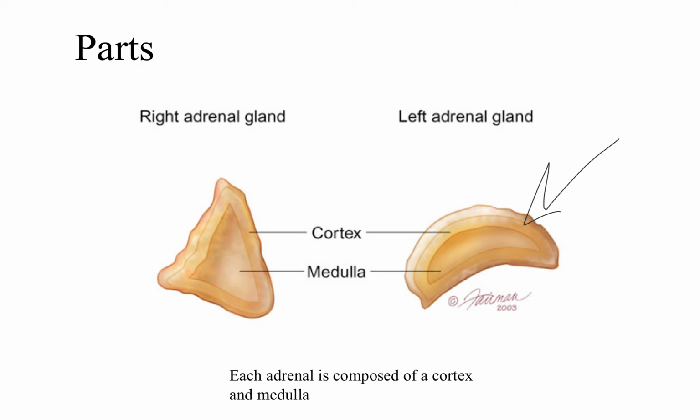So even though they are encased inside of one adrenal gland each, once we cut it open and see the different levels, we can see that there's two distinct glands. It then gets even more complicated because the cortex has many layers associated with it. But generally, think of the adrenal cortex and the adrenal medulla as two distinct organs.